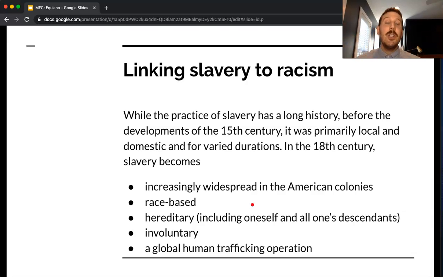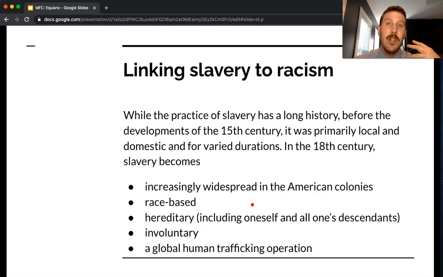In fact, the 18th century was very integral to developing and advancing the ultimately fictitious notion of race as a concept. The 18th century decides that race is a real thing and that some races deserve to be subjugated to others. That's a crucial logic that people in the 18th century needed to justify this practice of race-based slavery, which was itself an innovation. It was something generally new.